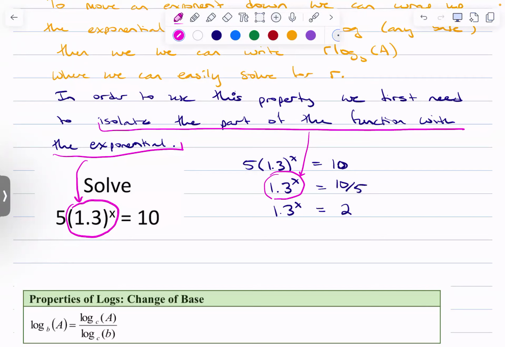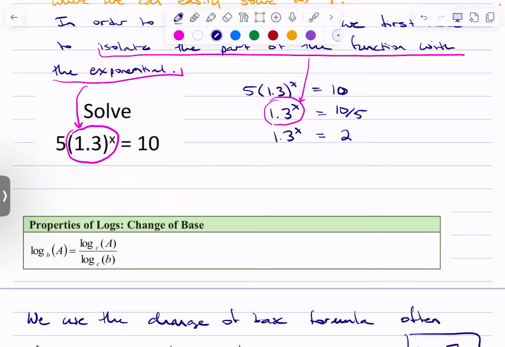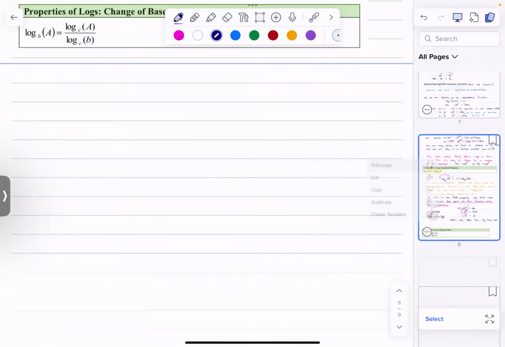Then what we do is we can take the log of both sides, right? Any log base will do. So next, we take the log of any base of both sides. I'm going to need another page here.